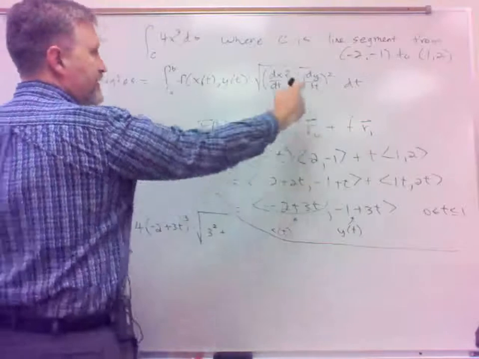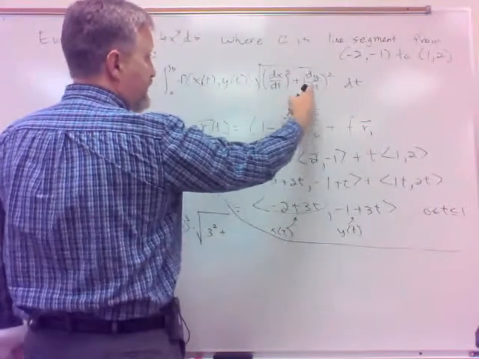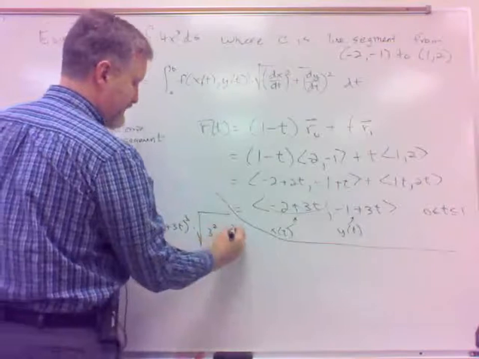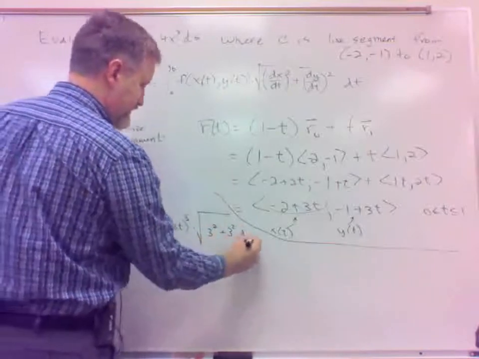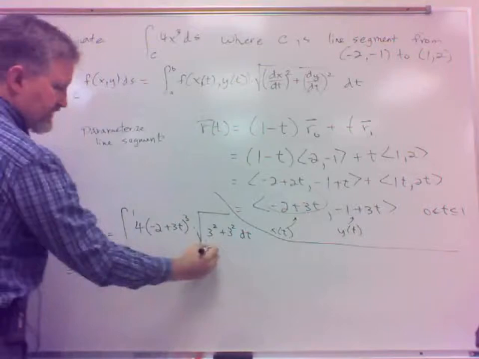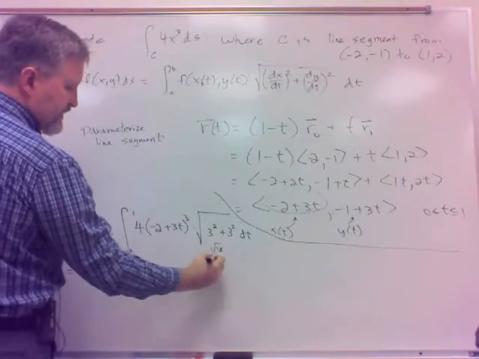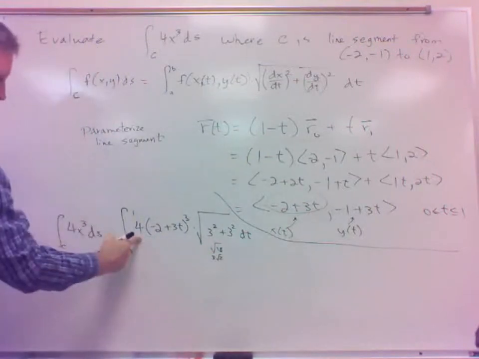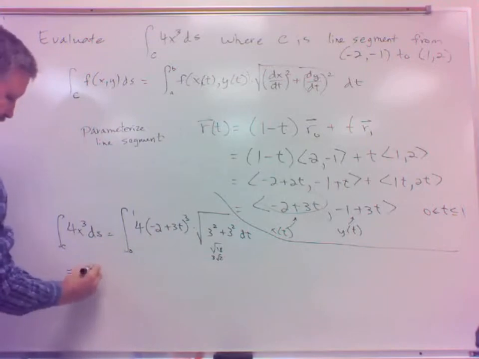Then we need the derivative with respect to t of y, which would also be 3. So square root of 18 dt, which would be 3 square root of 2.